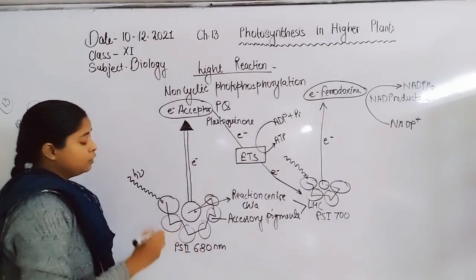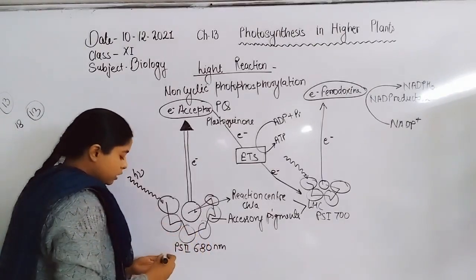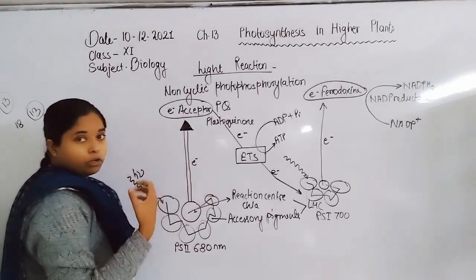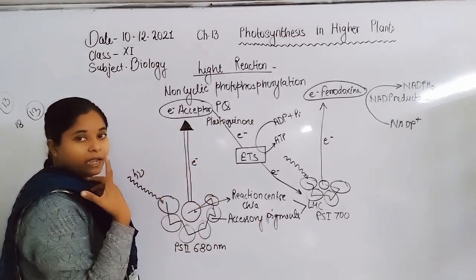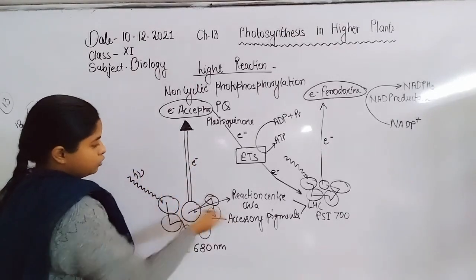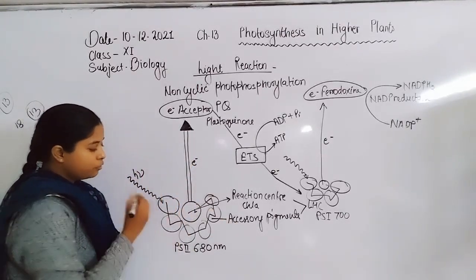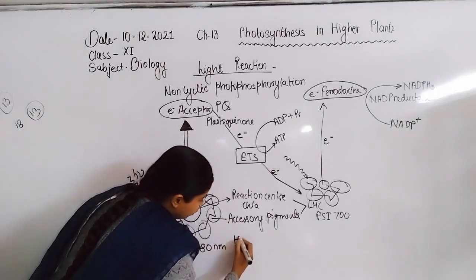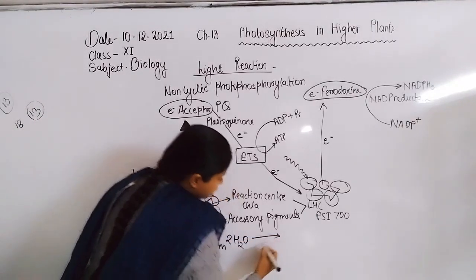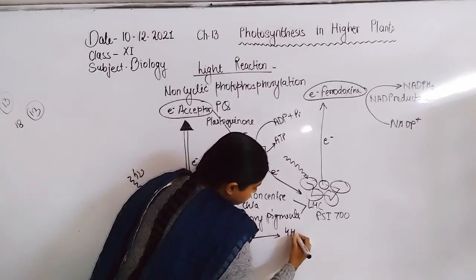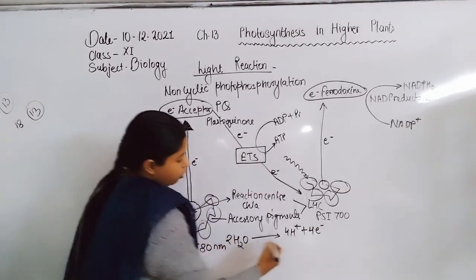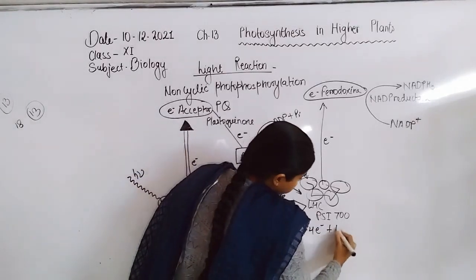But what happens if the chlorophyll, or reaction center, regularly emits electrons? At one time there is a reduction in the electrons at the site of the reaction center. So that fulfilling of electrons is done by water splitting, where two molecules of water split to form 4 protons plus 4 electrons, and also 1 oxygen molecule.